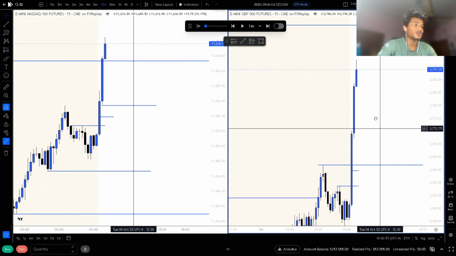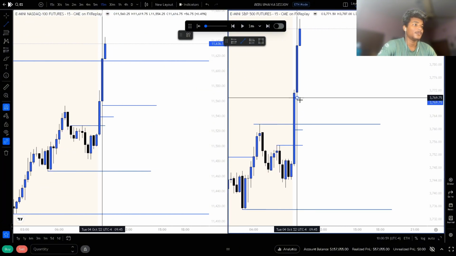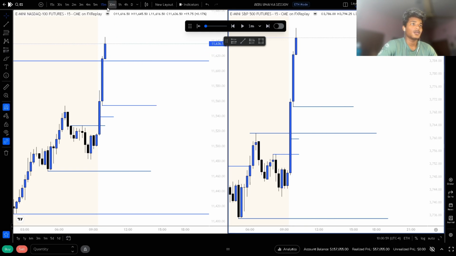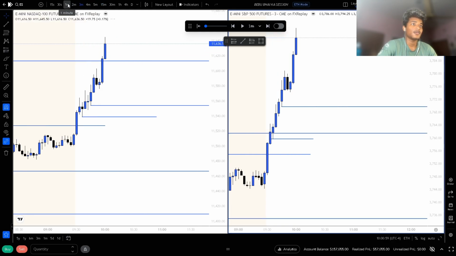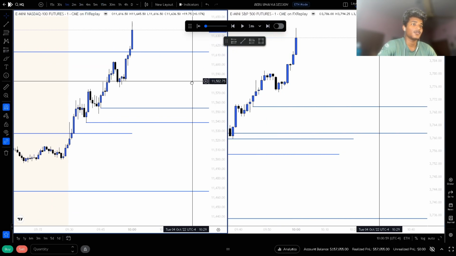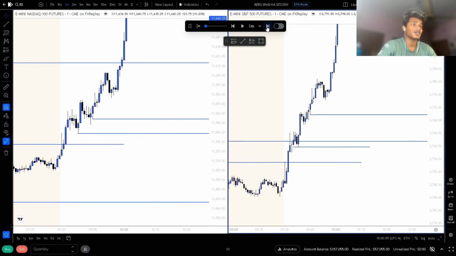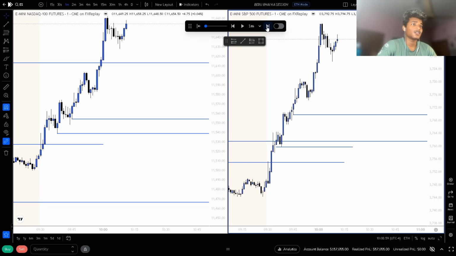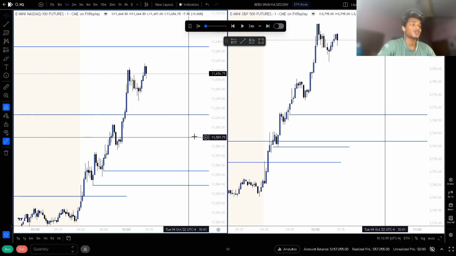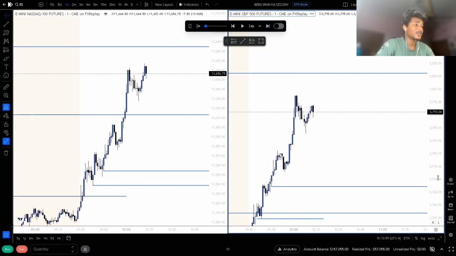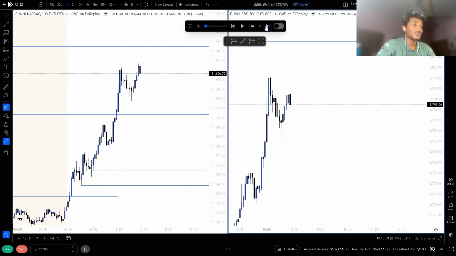Okay guys, so let's just see what will happen now. 5 minute. I won't retest into the 15 minute anyways, or I can take a short toward this 15 minute, but you have to avoid taking shorts and capitalize on the movement of the trend. So it's 10:13 now.